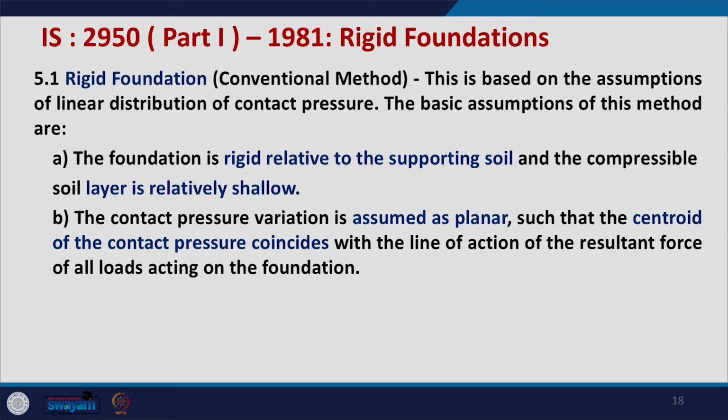If you can say this is rigid, then the foundation is relatively rigid. The second thing: the contact pressure distribution is assumed planar, such that the centroid of the contact pressure coincides with the line of action of the resultant force of all loads acting on the foundation. That means the CG of the foundation should coincide with the resultant of the forces coming from the top.